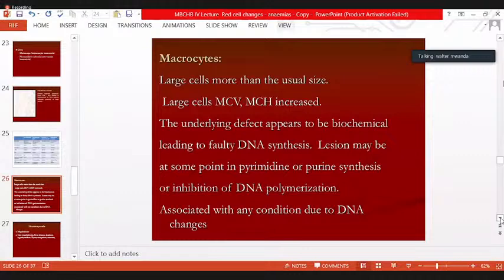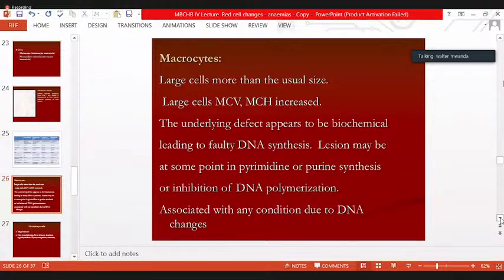Any cause that may lead to pyrimidine or purine inhibition will lead to an abnormal DNA, and finally will lead to macrocytosis. This is important, particularly when it comes to management of the patient.